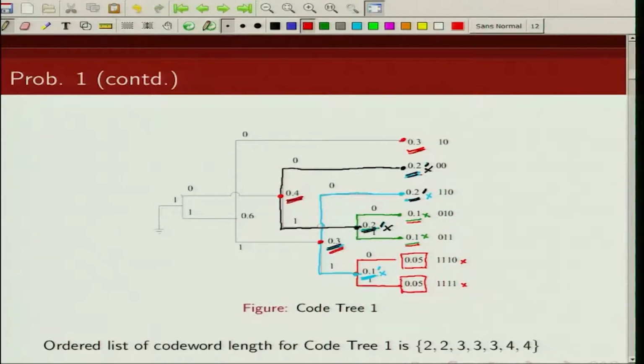So I'm going to combine these 2 nodes, and this has probability 0.6. Finally I deactivate these 2 nodes, so I'm left with only 2 active nodes. One is this one, another is this one. So I combine both of them.